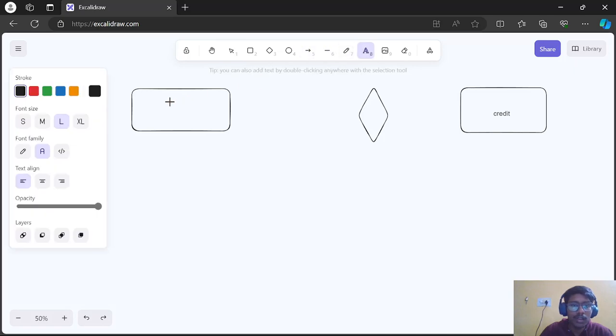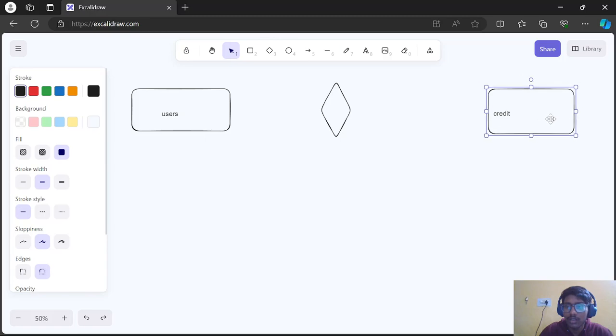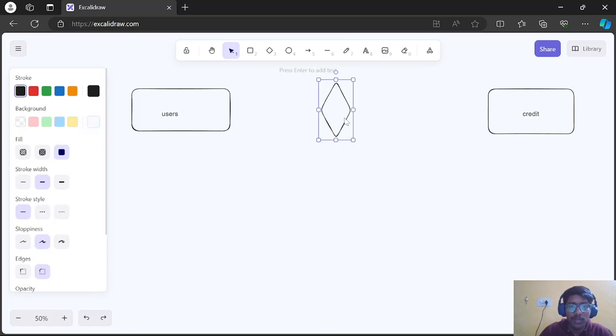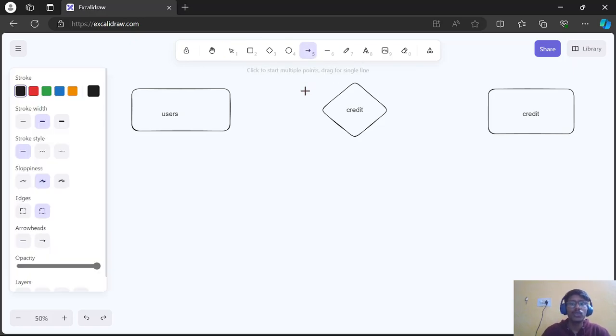So here one of the entities in this relation is the user entity, and the next one would be the credit. What would be the relationship between them? A user pays credit, right? The relationship between them would be the user pays credit. And remember the relationship should always be in a diamond shape. So this would be the relationship between a user and a credit.